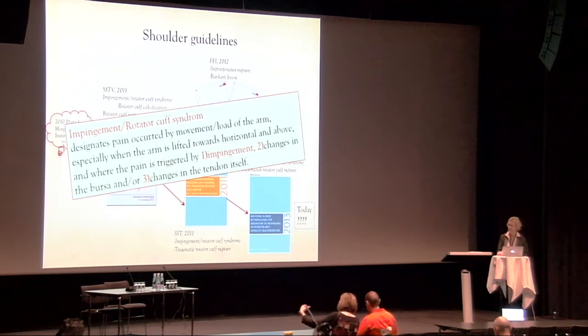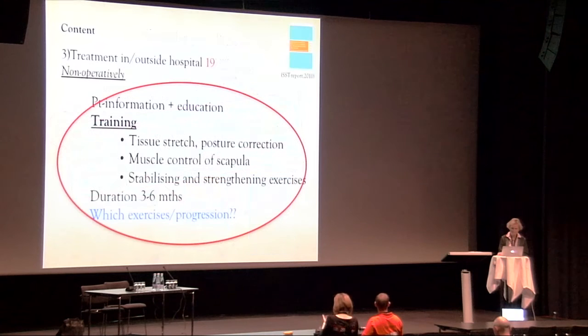So the visitation guideline for non-operative treatment, both in and outside the hospital, recommends for treatment of subacromial impingement syndrome: patient information and education, training with focus on tissue stretching and posture correction, muscle control of scapular stabilizing muscles, and stabilizing and strengthening exercises for the glenohumeral muscles as well, with a duration of 3 to 6 months.